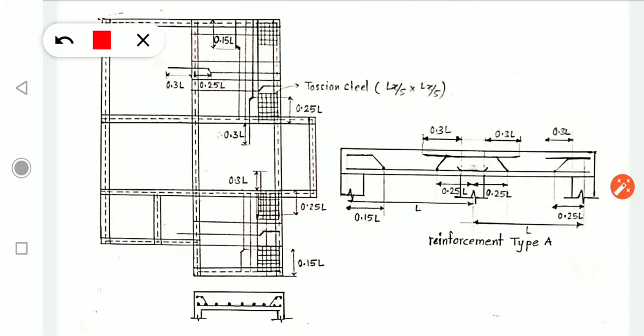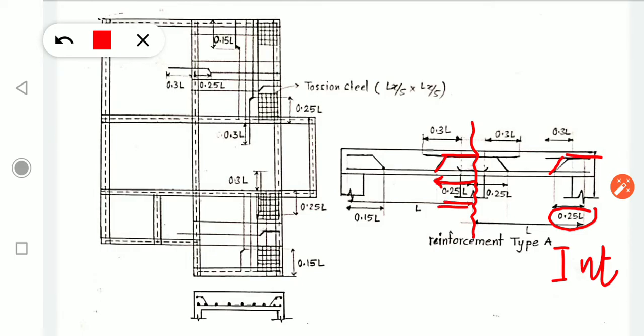At what distance should we provide a bend? The bend should be provided at a distance of 0.25L for all interior supports. So here also the bent up is provided from the center of support at a distance of 0.25L.